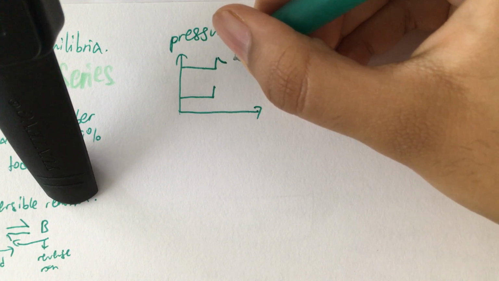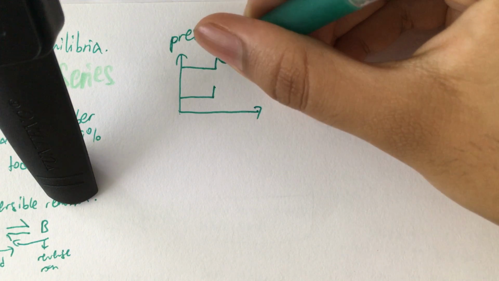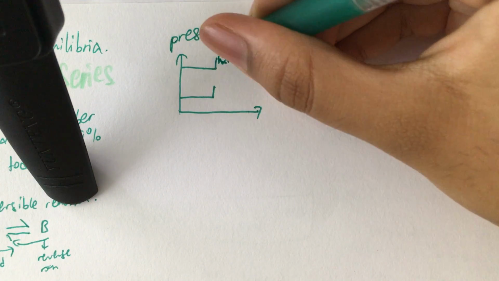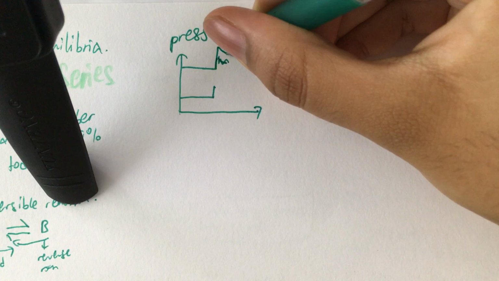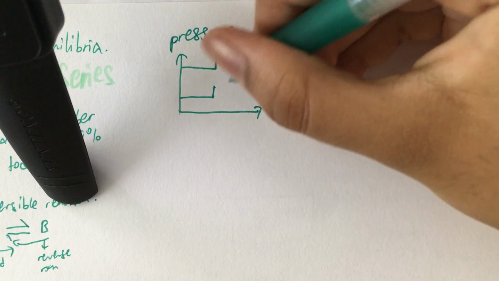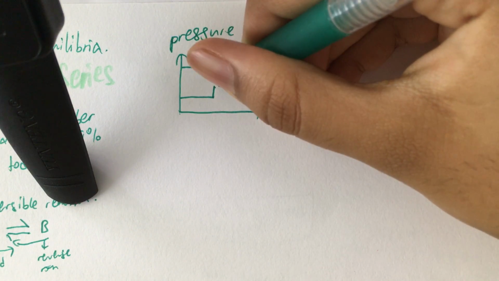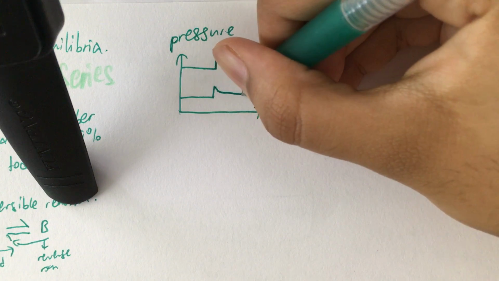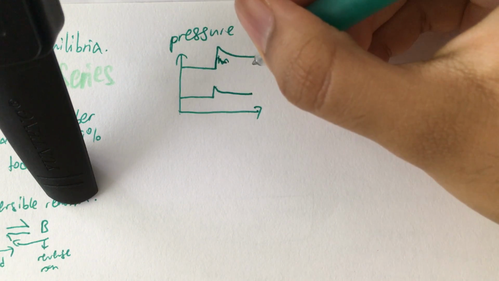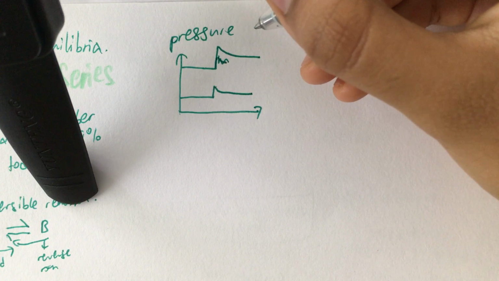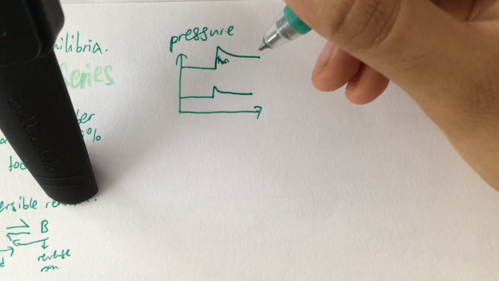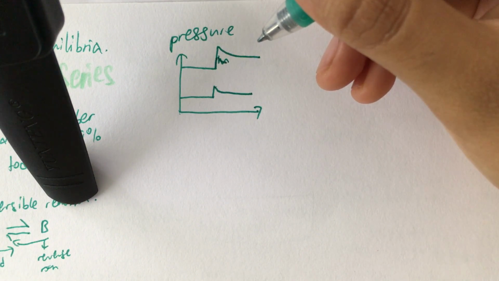But if you have a scenario where 2A becoming B is the forward reaction, and B becoming 2A is the backward reaction, then the favored reaction will be the one that helps to decrease the pressure, if you're increasing the pressure. So in this scenario, if you increase the pressure, the concentrations will increase.